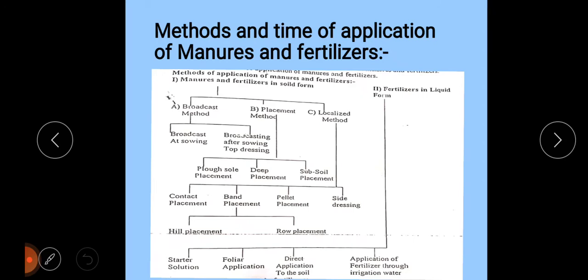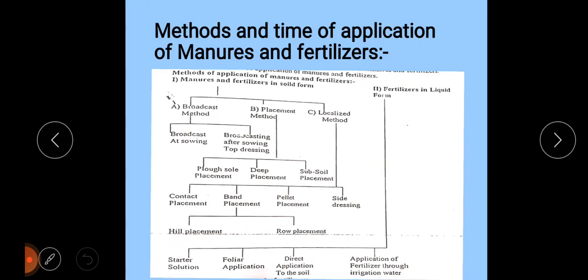So we have two distinct types: liquid form fertilizer and solid form. There are different methods we can use to place fertilizer for different crops in soil. The broadcasting method: broadcasting at sowing time and broadcasting after sowing as top dressing.